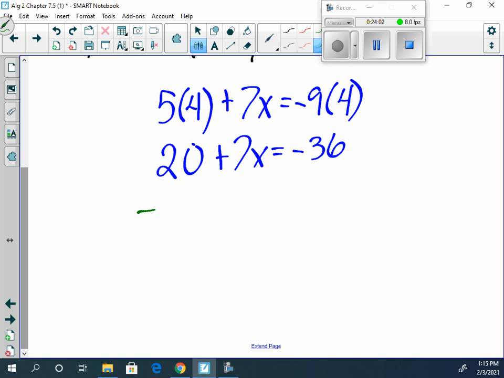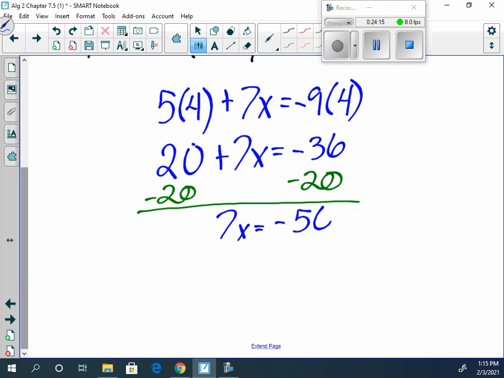Now, to get x by itself, the first thing we can do is subtract 20 from both sides, which will tell us that 7x is equal to negative 56.